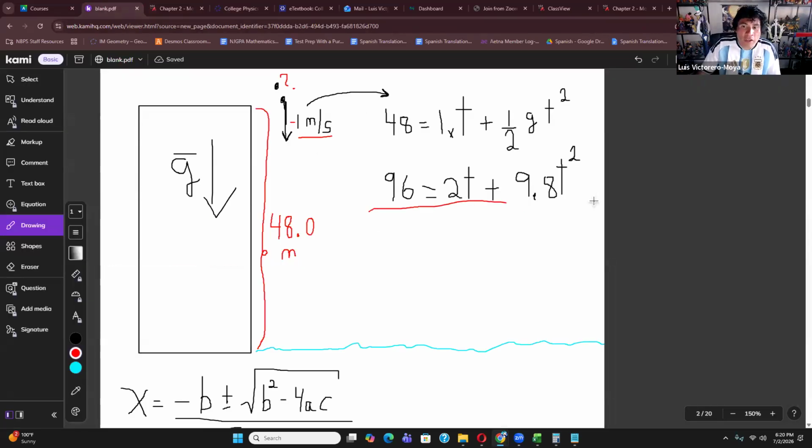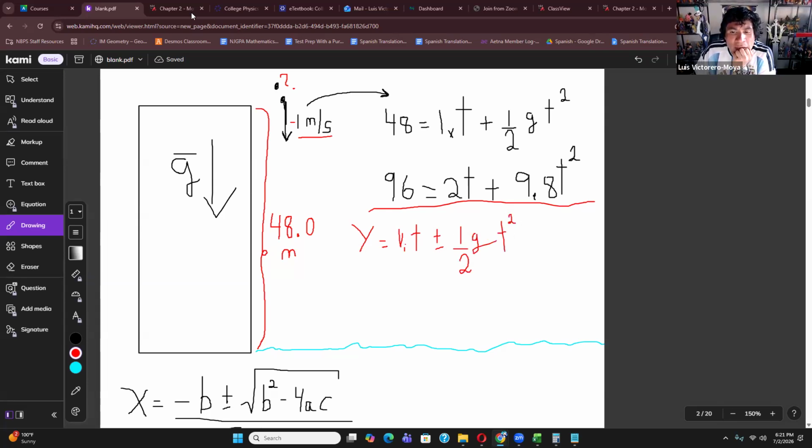Okay, so let's explain the situation. Gravity is making the stone accelerate downwards. And how do I get from this equation, right? We have this equation, y equals v initial times time plus or minus 1/2 gravity times t squared.